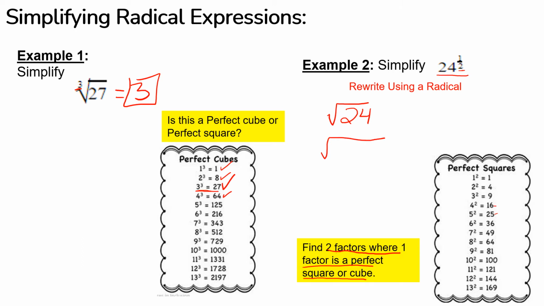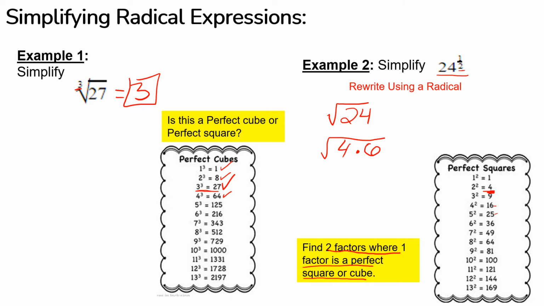So let's think. 8 times 3, neither one of those are perfect squares, but we do have 4 times 6. And you want to think of your largest perfect square that's a factor. 4 times 6 is 24, right? And 4 is a perfect square.